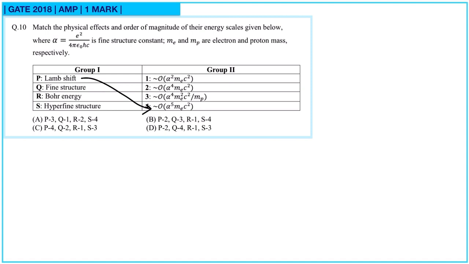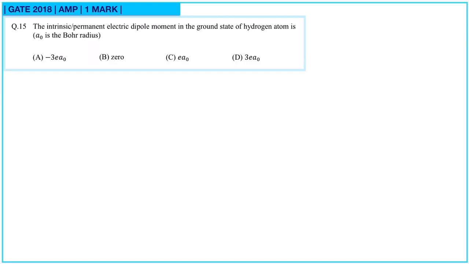Fine structure is alpha raised to 4 m_e c square. Then Bohr energy is alpha square m c square, and hyperfine structure is alpha raised to 4 m_e square upon m_p. So here option C is correct. These are standard formulas.